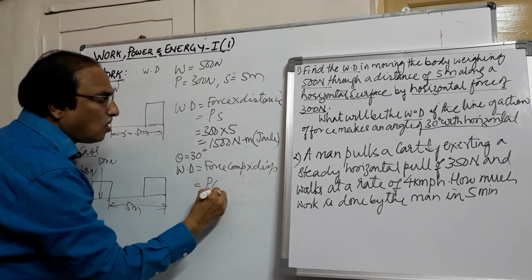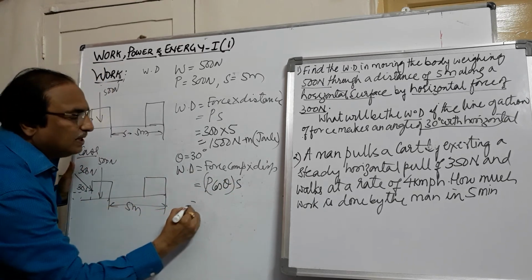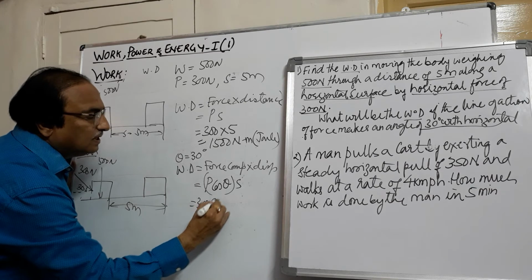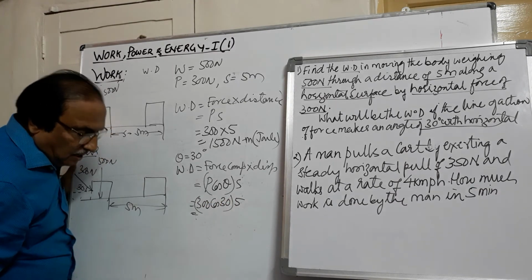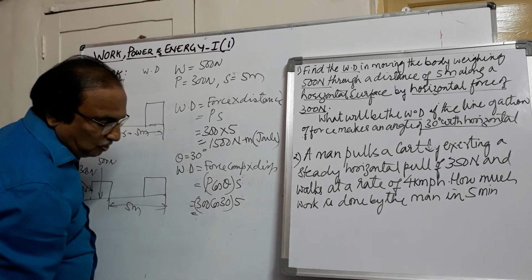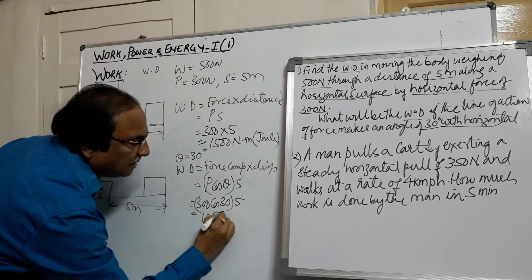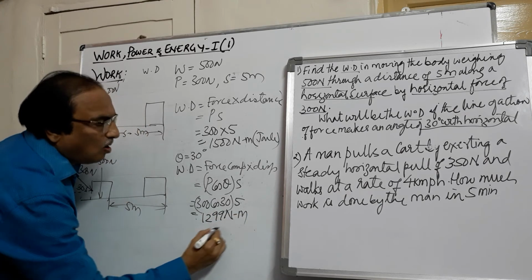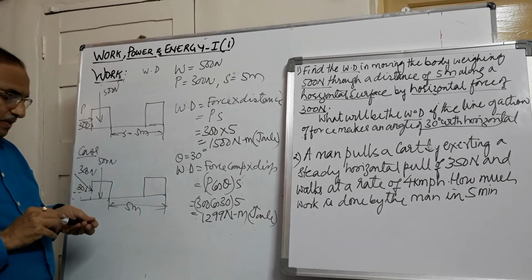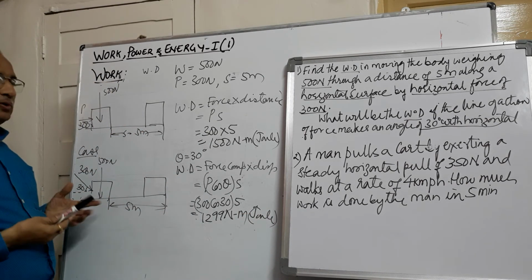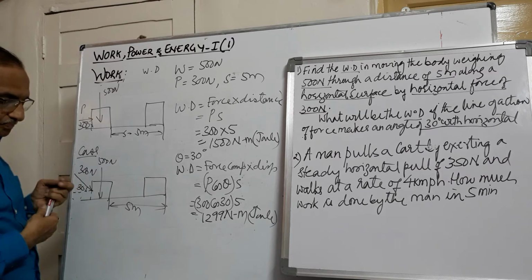So P cos theta into S. Here P is 300, theta is 30 degrees, and the distance it is traveling is 5, and you get work done equal to 1299 Newton meter or joule. So this is a simple example showing the effect of force, displacement and the direction.